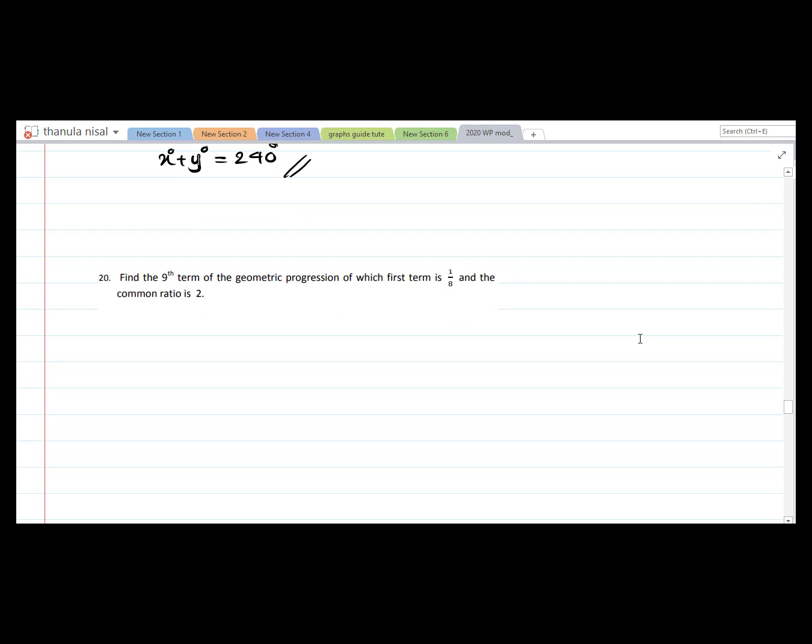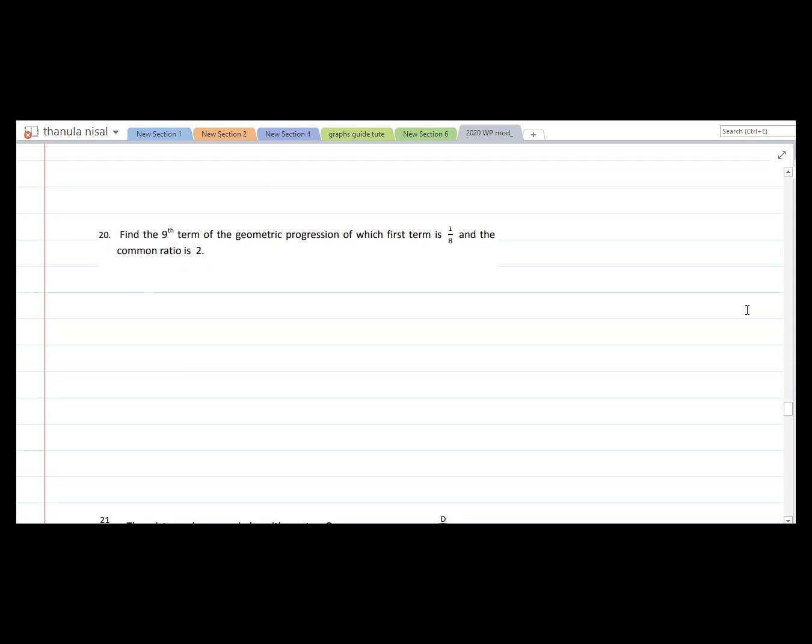Now question number 20. It's regarding geometric progression. They have given the first term as 1/8, common ratio r is 2. Then when finding a term, the relationship is like this.